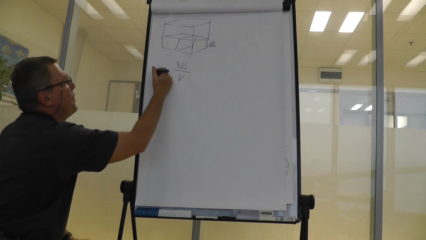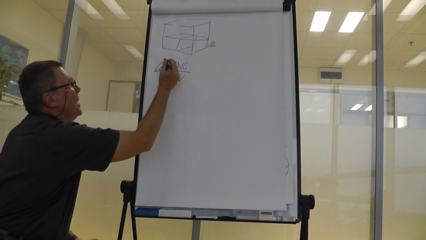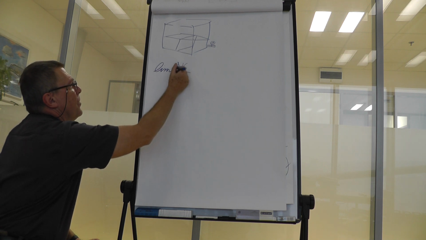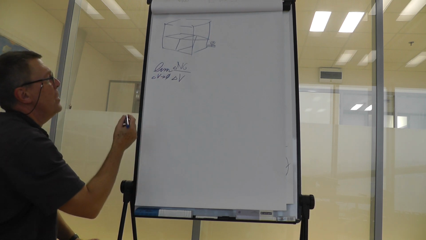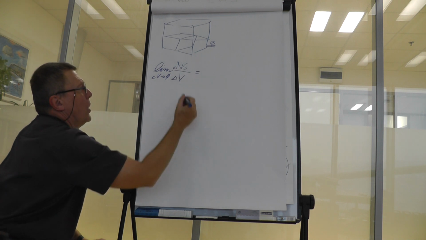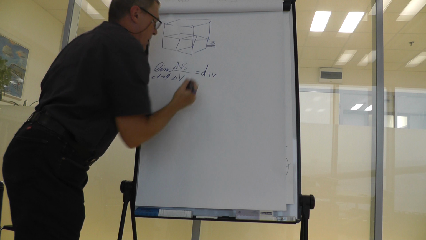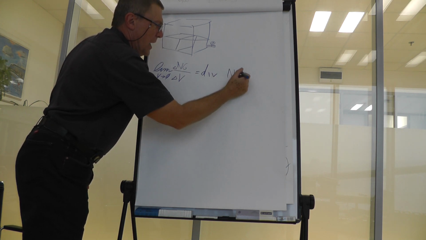So we would have a limit of delta volume approaching zero, and this we would call divergence. In this case, we call that nu gas.